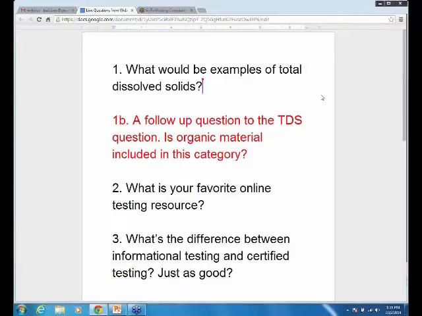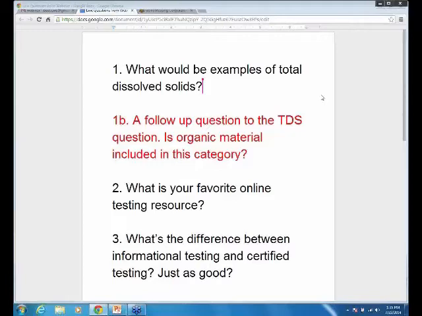Okay. So the last question, what's the difference between informational testing and certified testing? Well, in some areas, and I'll use Pennsylvania for an example, because of fracking, well owners are required to use certified testing in order for their samples to be admissible should they have a problem where there's a cause and there's someone who is a responsible party, someone doing fracking, for instance.